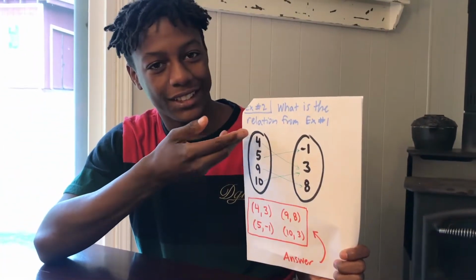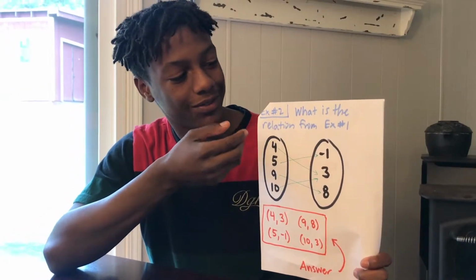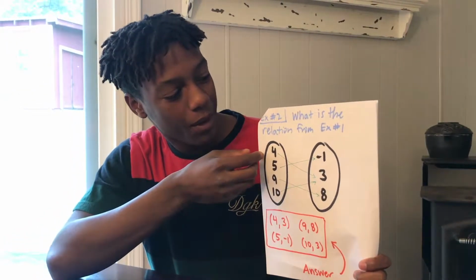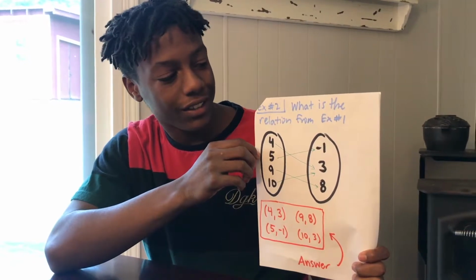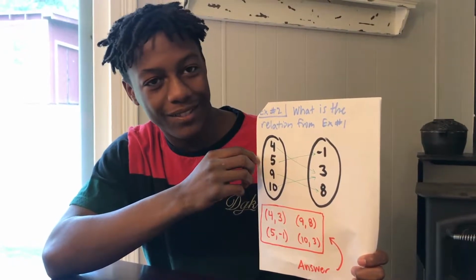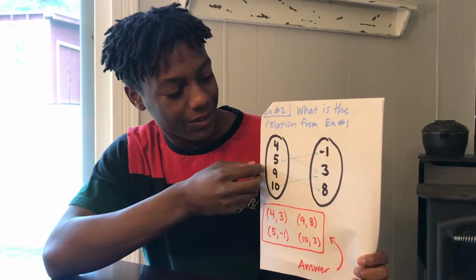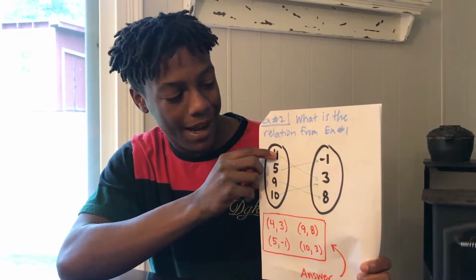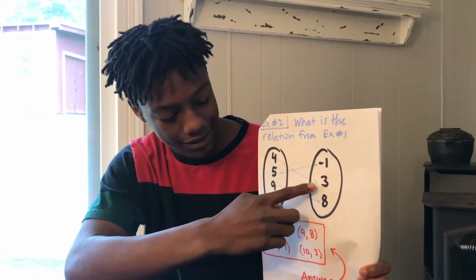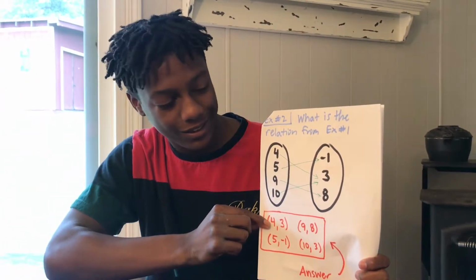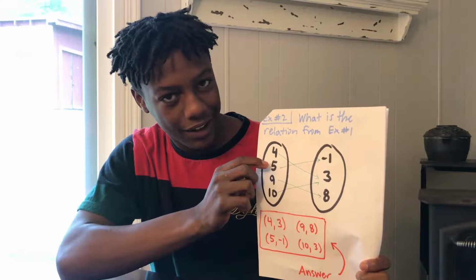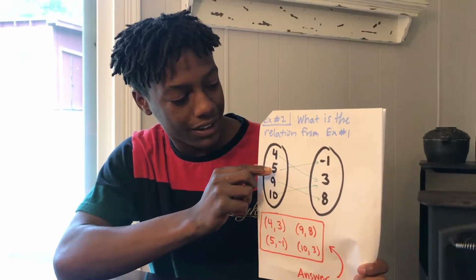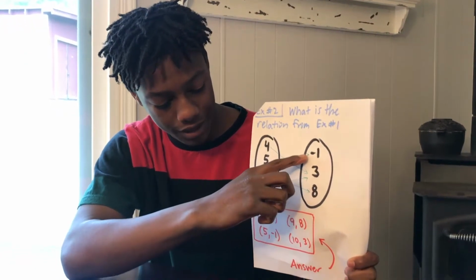So this is example 2. And it's asking, what is the relation from example 1? So, the first one is 4, and it maps to 3. And that's right there. And then there's 5. That one goes to -1.